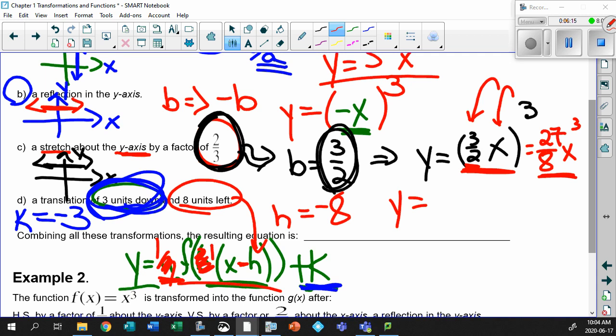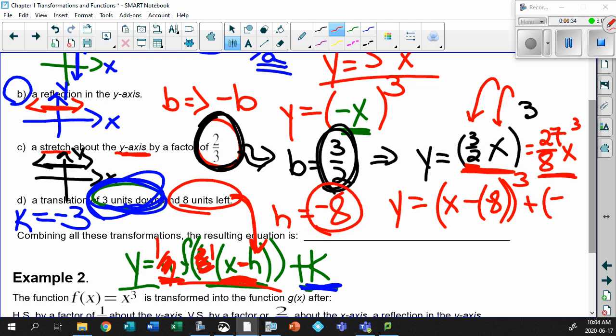All right, so let's put in the 8 units here. So remember, this is now y equals, there's our original function, cubed, okay? Let's do the horizontals. This is going to be x minus a -8, because it is going left, plus a negative, think about it, it's going 3 down, -3.